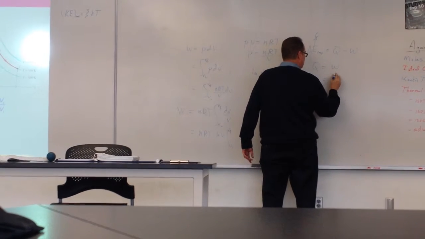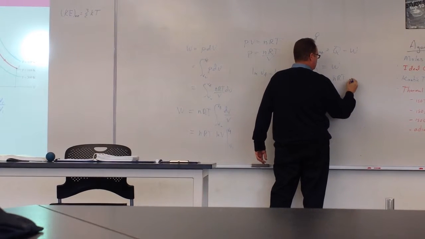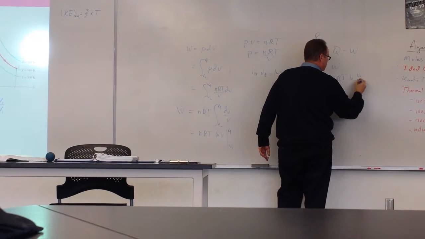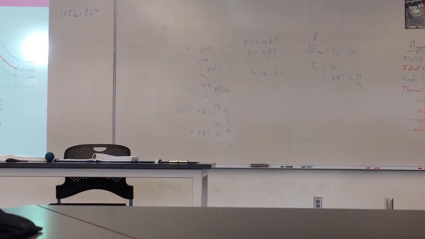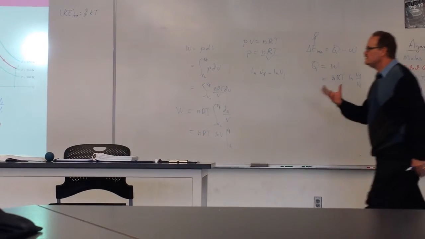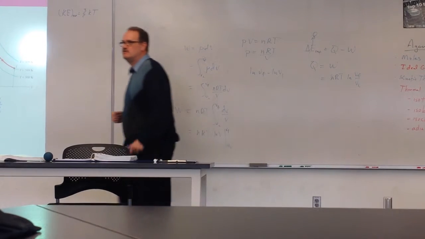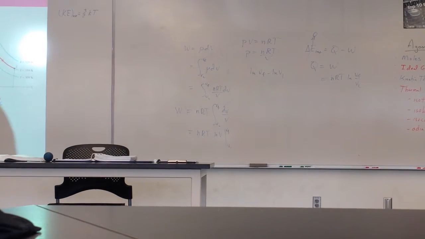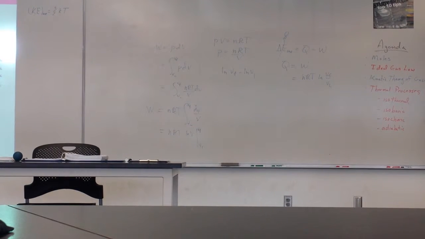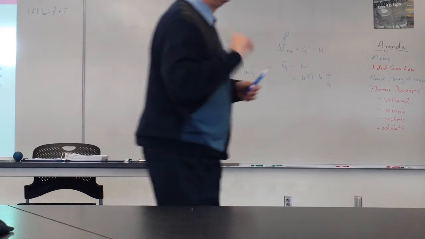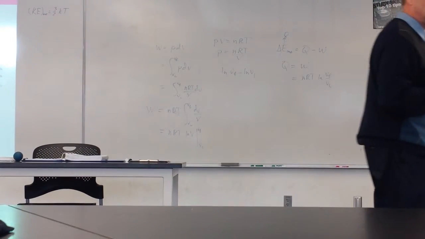So Q equals nRT, natural log of V final over V initial. So in an isothermal process, the change in internal energy equals 0 because the temperature of the gas doesn't change. And from the first law of thermodynamics, the heat equals the work equals nRT natural log. So those are the characteristics of an isothermal process.